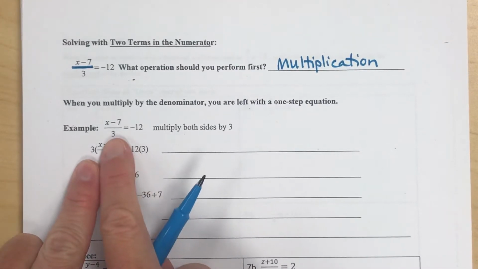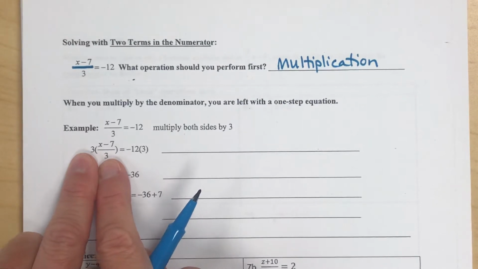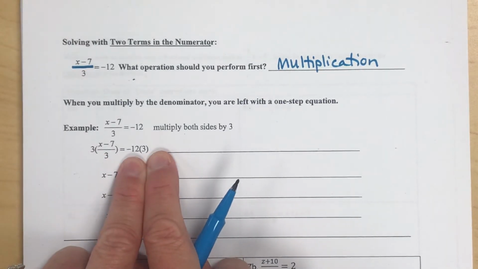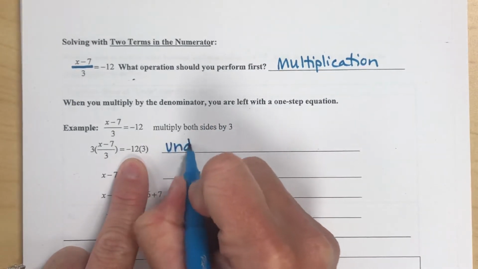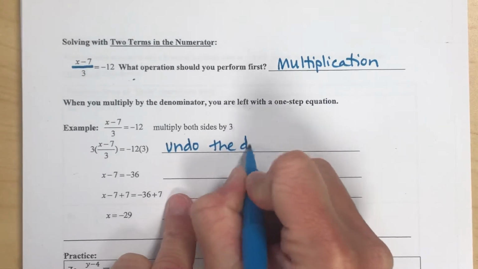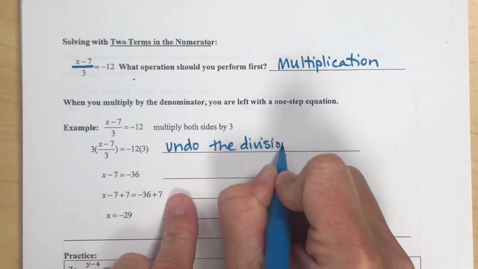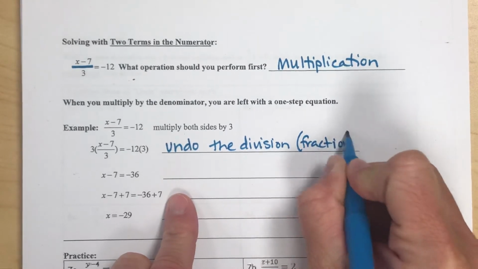So I undid divide by 3 by multiplying this side of my equation by 3 and multiplying this side of the equation by 3. So what we're doing is undoing the division, which is your fraction. So you're getting rid of the fraction of 3.